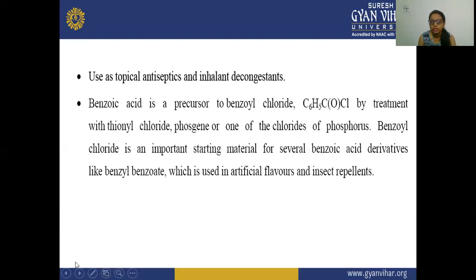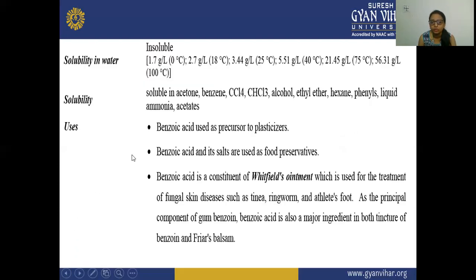So these are the uses of benzoic acid. The main uses are: fungal skin infections and skin diseases, as a food preservative, as a precursor to plasticizers, and as a principal component of gum benzoin.